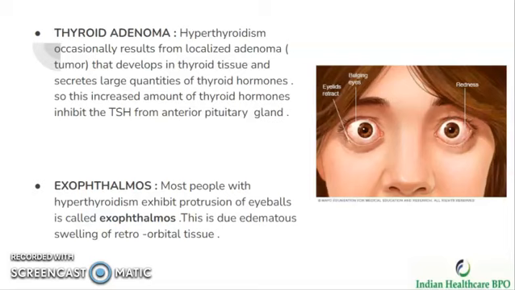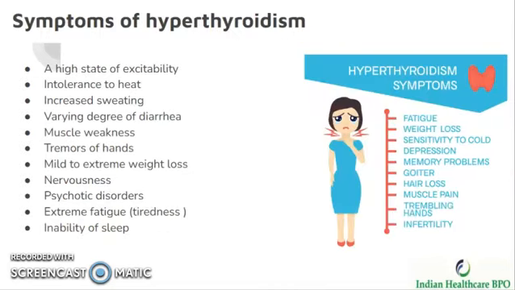This is due to edematous swelling of retroorbital tissue. What are the symptoms of hyperthyroidism? Like intolerance to heat, increased sweating, diarrhea, muscle weakness, tremors, and mild to extreme weight loss, nervousness, psychotic disorder, extreme fatigue, and inability to sleep.